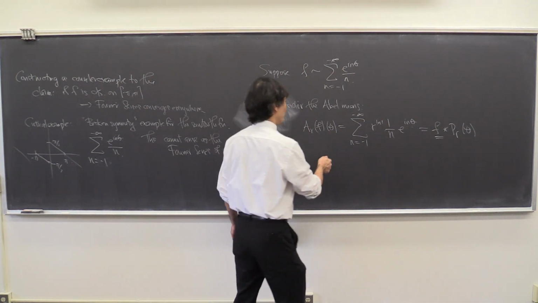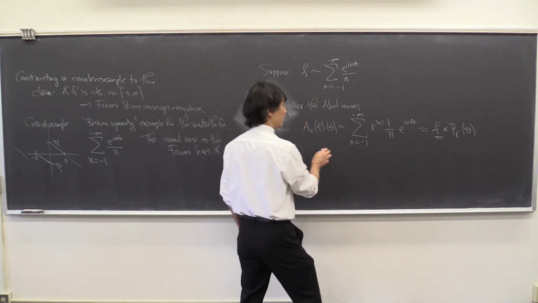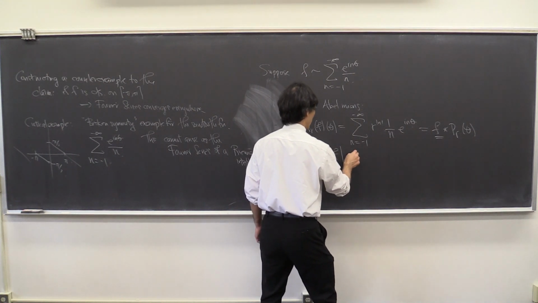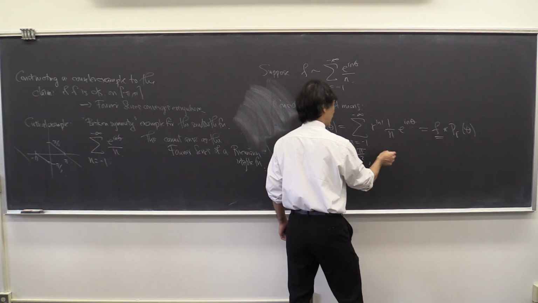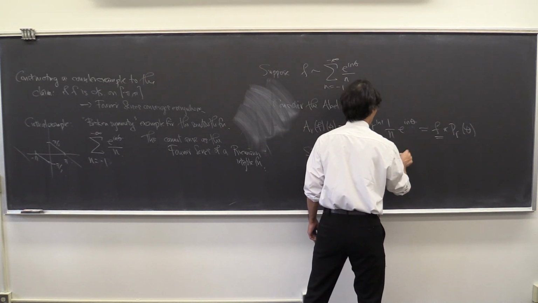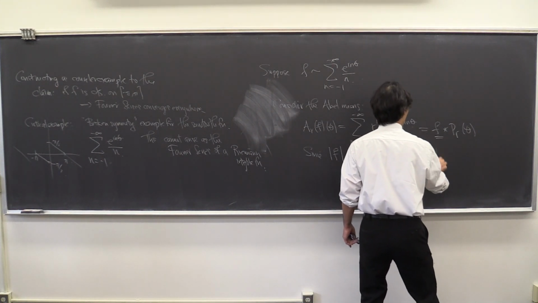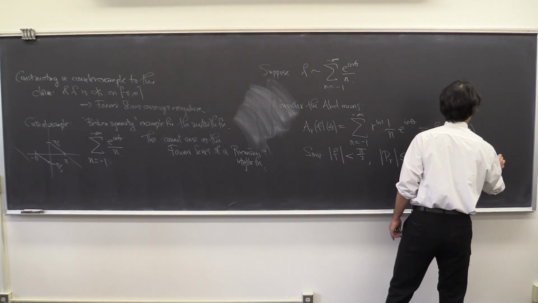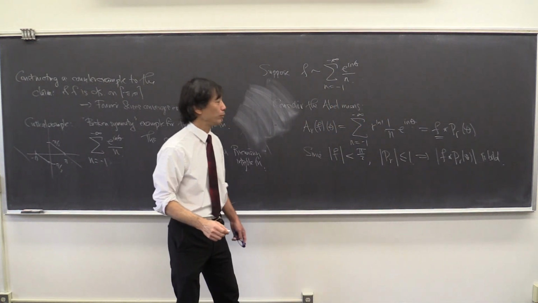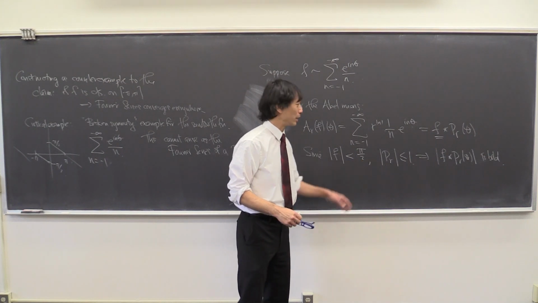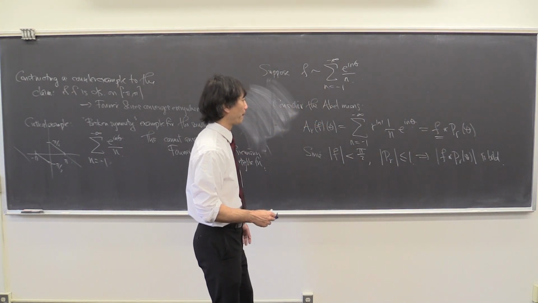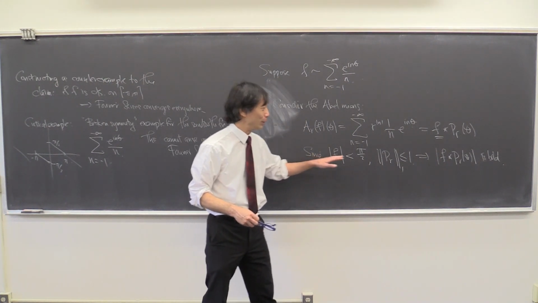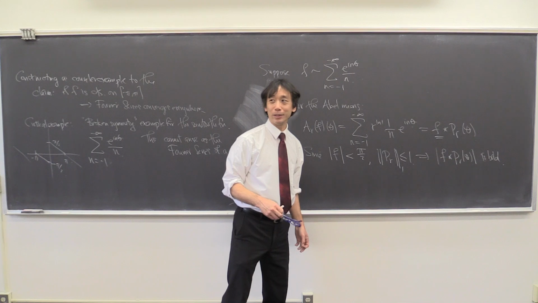So from that you say, well, look, this f is bounded by pi over 2, and the Poisson kernel has L1 norm 1. When you convolve against it, you get something bounded.